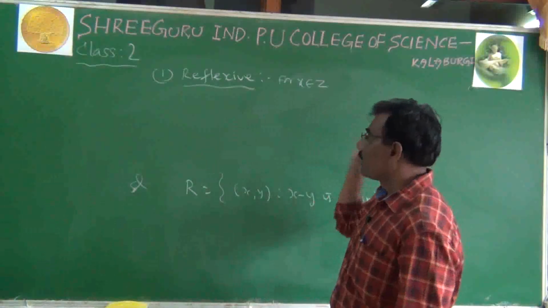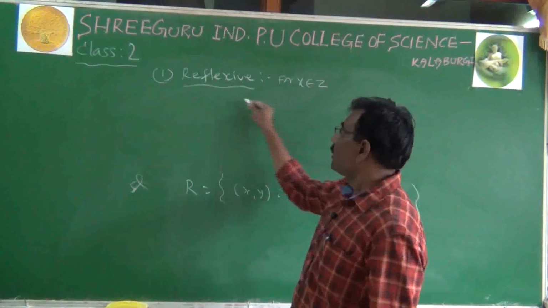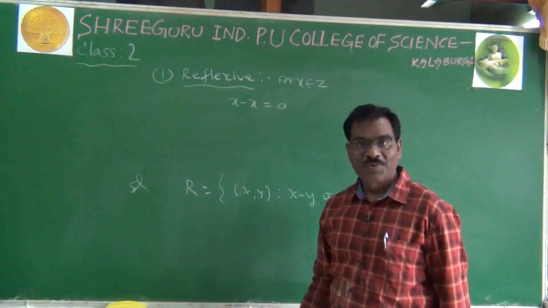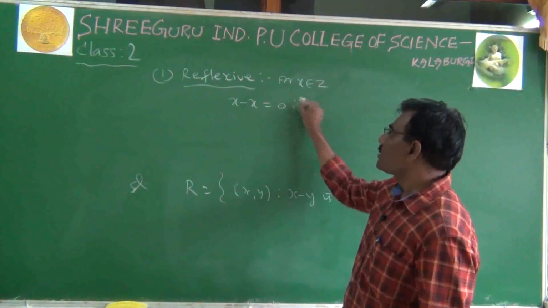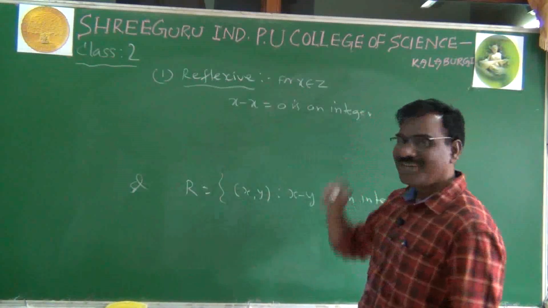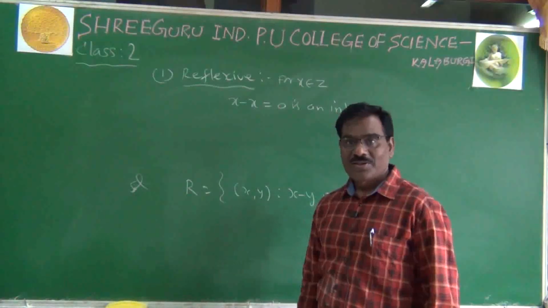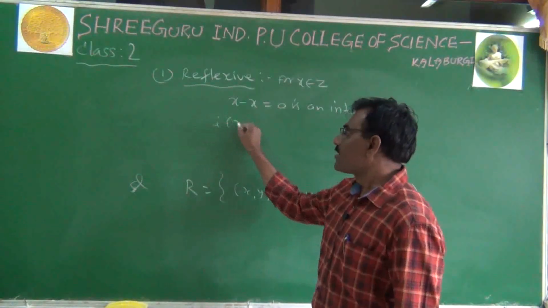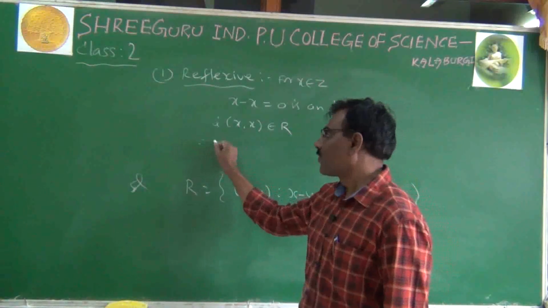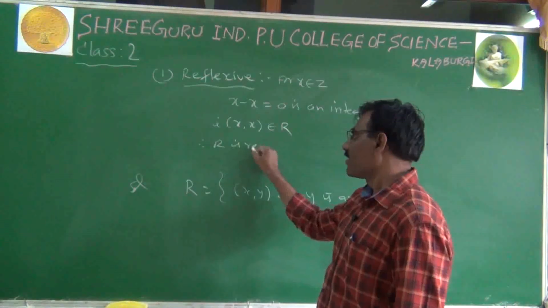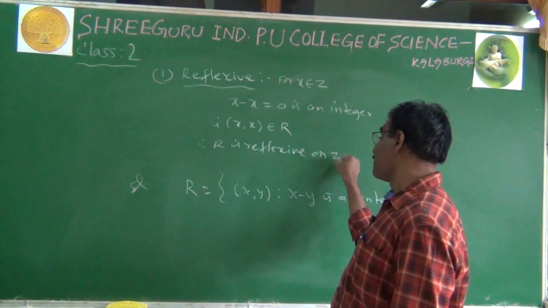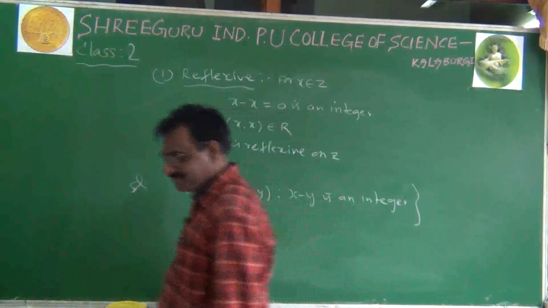For X belongs to Z, X minus X, what is your answer? 0. 0 is an integer. That is, X comma X belongs to R. Therefore, R is reflexive on Z.